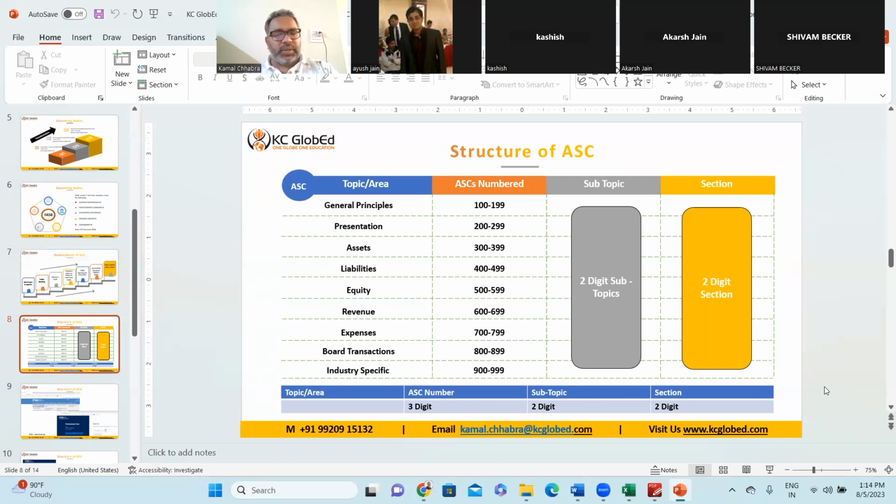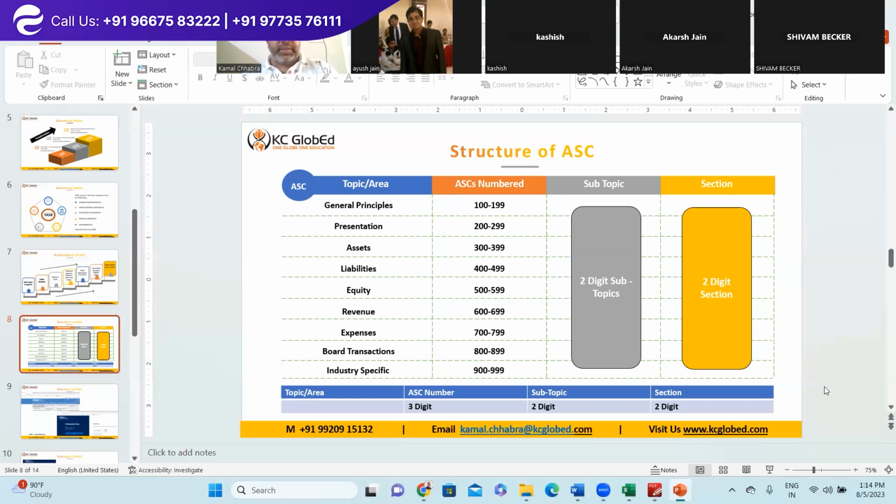Liability related, 400 to 499. Equity related, 500 to 599. Revenue related, 600 to 699. Expense related, 700 to 799. Broad transactions, 800 to 899. Industry specific guidance is in the 900 to 999 category. Then there are subtopics and sections to it.